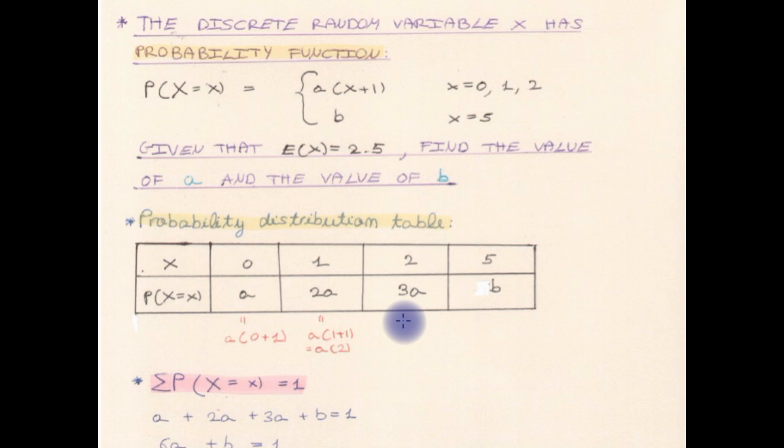Similarly, to find the probability that x equals 5, we're going to use the formula P(x) equals b. So when x equals 5, the probability that x equals 5 is b.